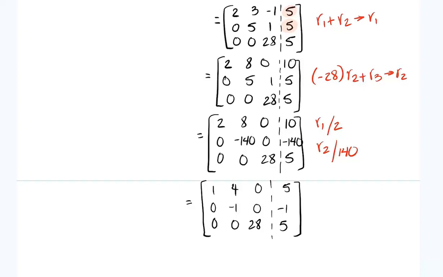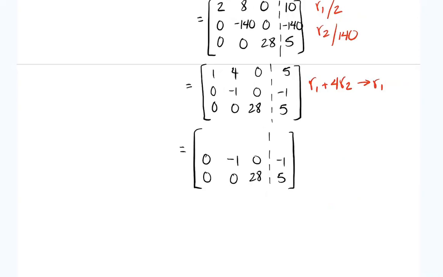Now we're going to multiply row 2 by 4 and add it to row 1, and that will give us a new row 1. And we get 1, 0, 0, and 1. Now divide row 3 by 28 to simplify it.